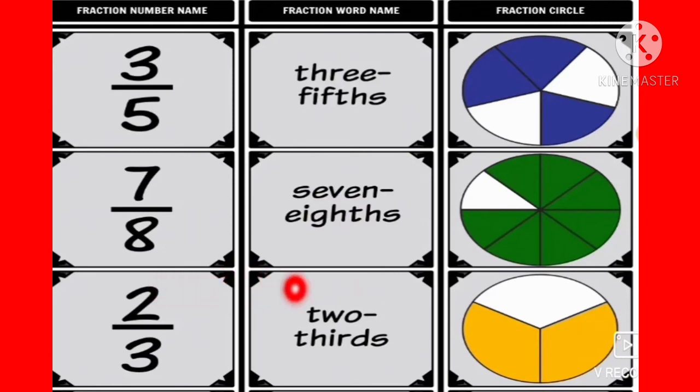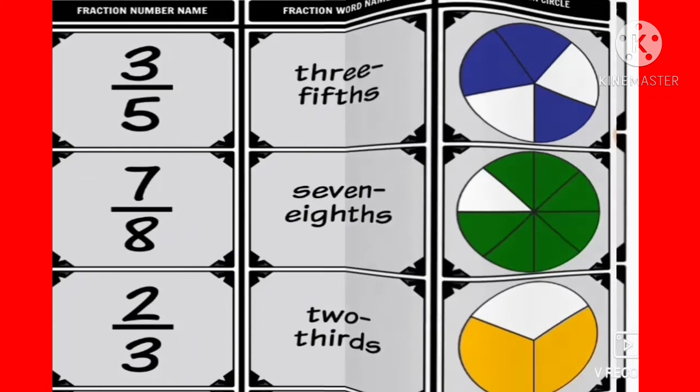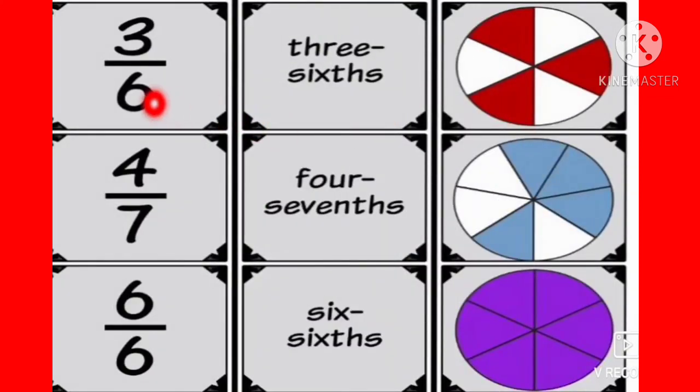And 2/3 can be read as 2/3. 3/6 can be read as 3/6. And 4/7 can be read as 4/7. 6/6 can be read as 6/6, and it makes the whole circle.